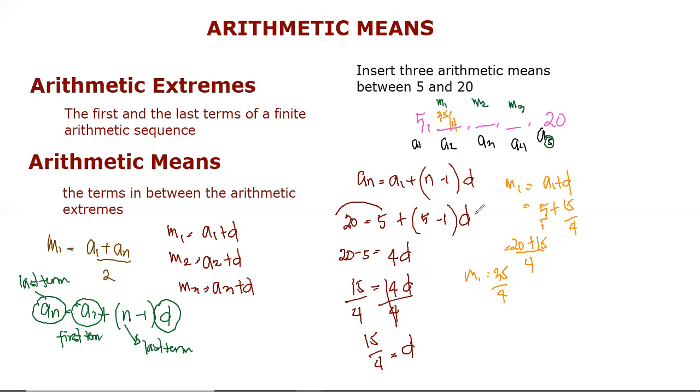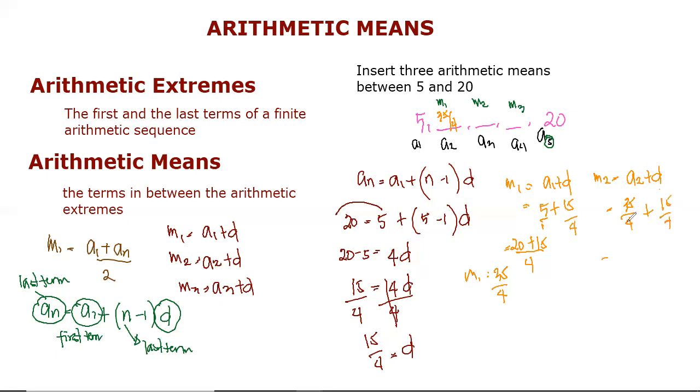Okay, so now let's proceed to m sub 2. So we have m sub 2 is equal to the formula a sub 2 plus d. What is the value of a sub 2? We have 35 over 4 plus the common difference, which is 15 over 4.